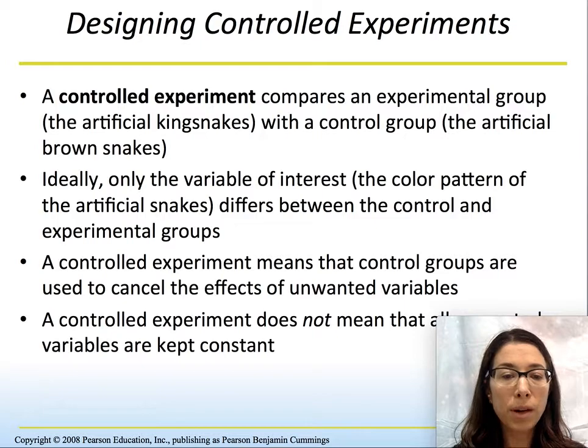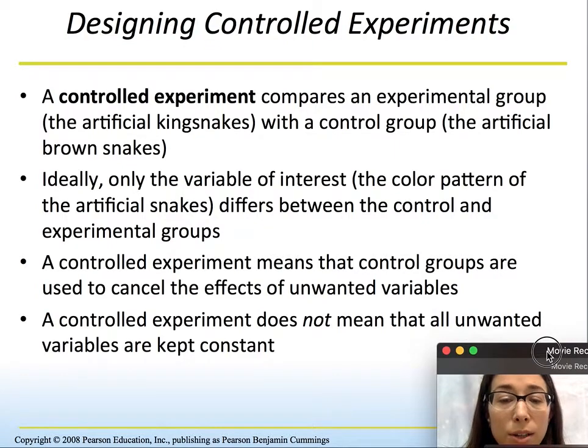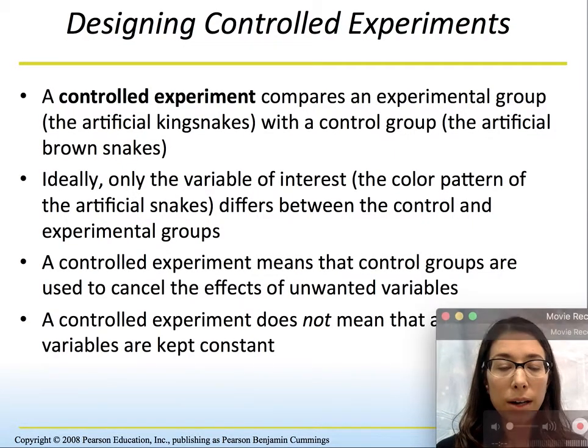The controlled experiment means that control groups are used to cancel the effects of unwanted variables, right? So the abundance of predators might be an unwanted variable. The climate, we're looking at two different locations, so a lot of things might be different between the two locations. A controlled experiment does not mean that all unwanted variables are kept constant.